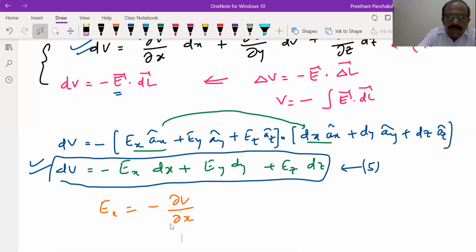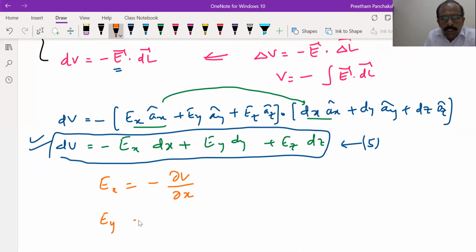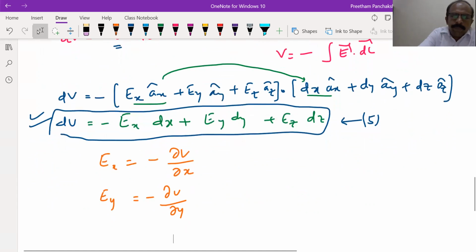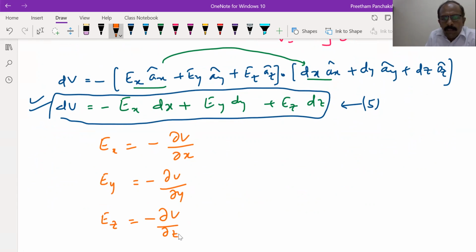We can get this equation just by observation. Similarly, the y component of the electric field would be minus dou V by dou y, and the z component minus dou V by dou z.